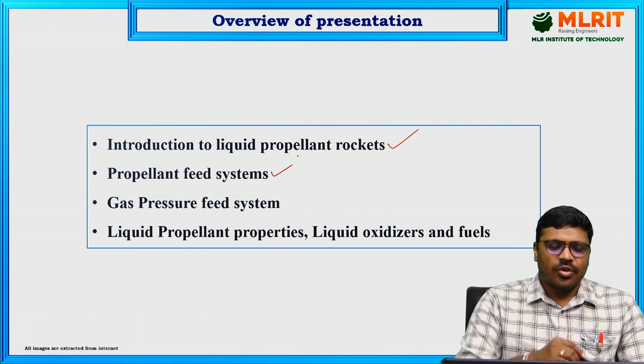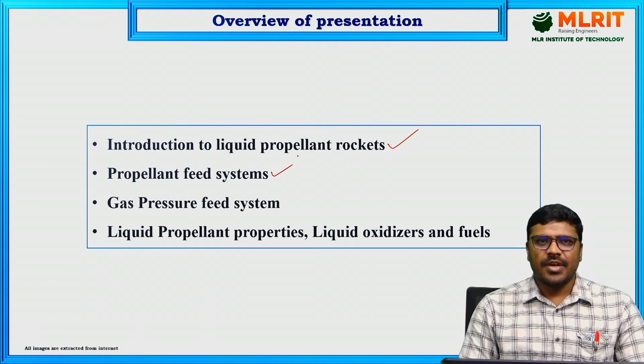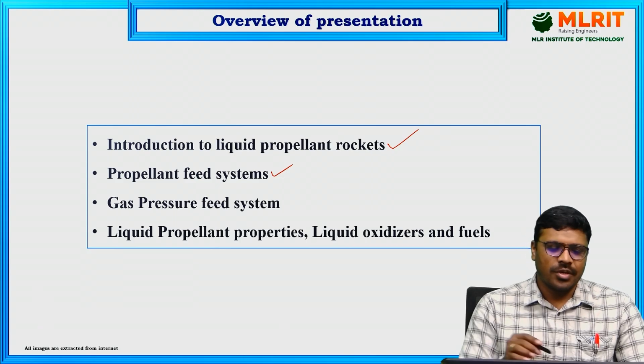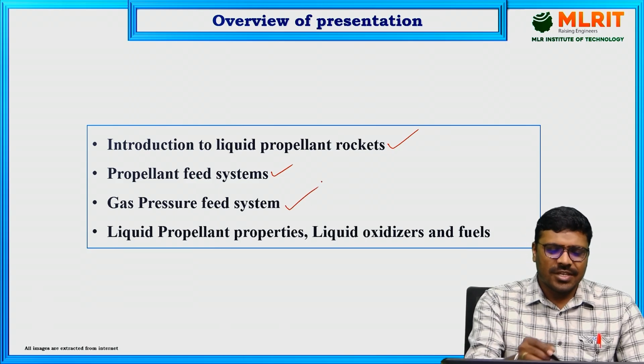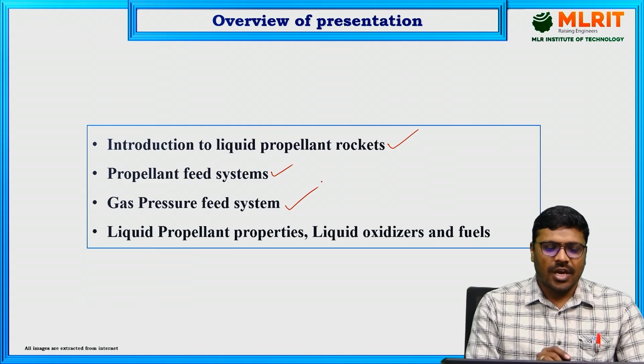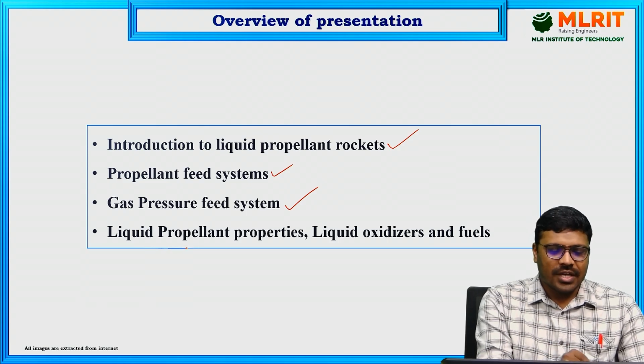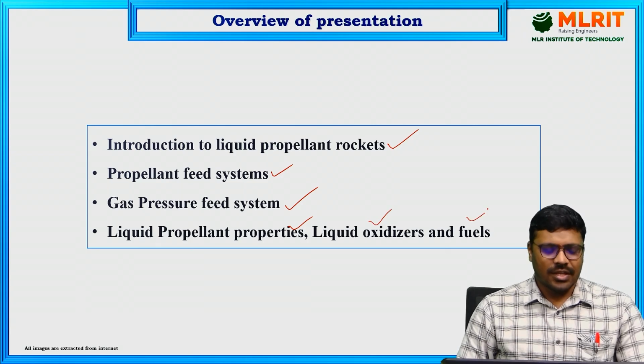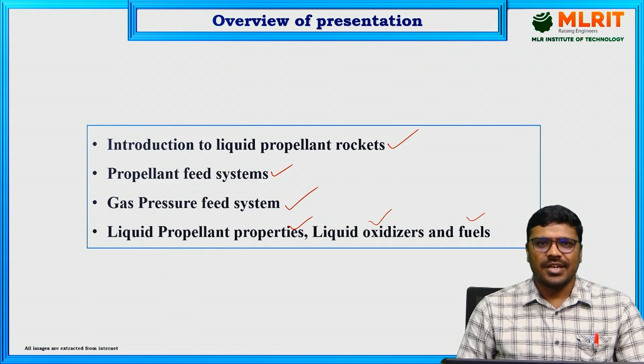We'll discuss the propellant feeding system, a major important component of a liquid propellant propulsion system. In that, the gas pressure feed system is one type of propellant feed system. Next, liquid propellant properties, liquid oxidizers, and fuels. These are the topics we are going to cover in today's presentation.